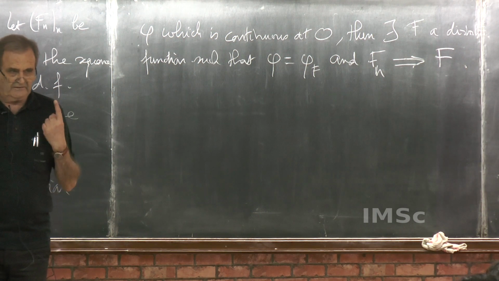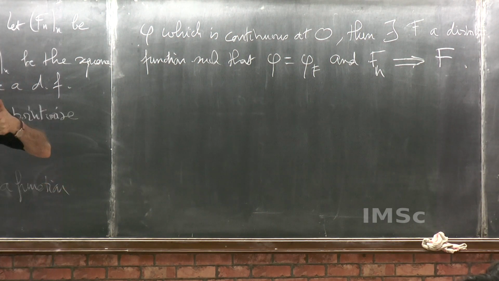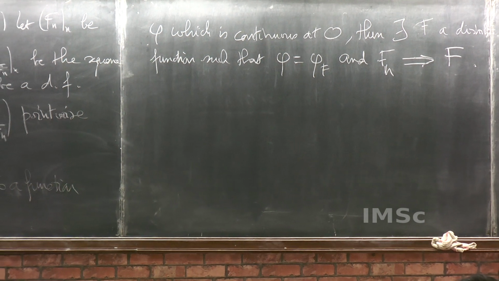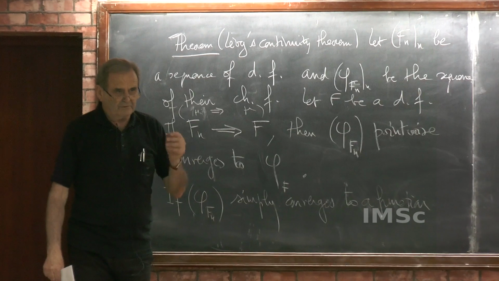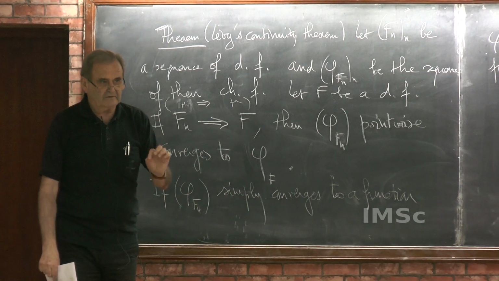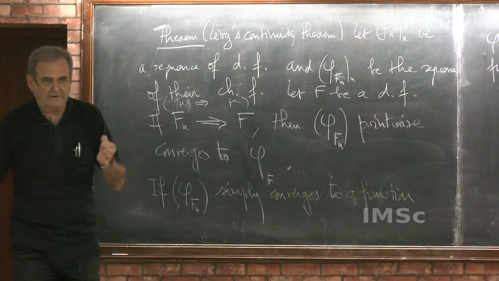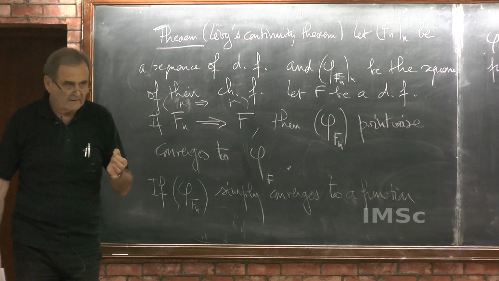Should I repeat it? What is important is to understand in which order it goes. If you know that you have weak convergence of measures or of the distribution functions, this is the same thing, then you have pointwise convergence of the Fourier transform, of the characteristic functions. So is that everywhere?